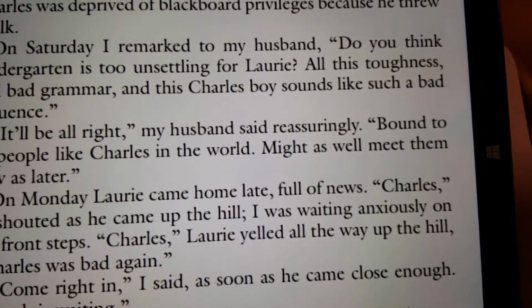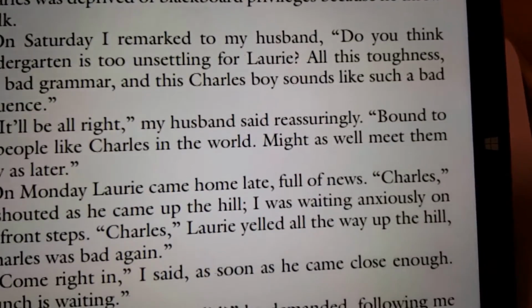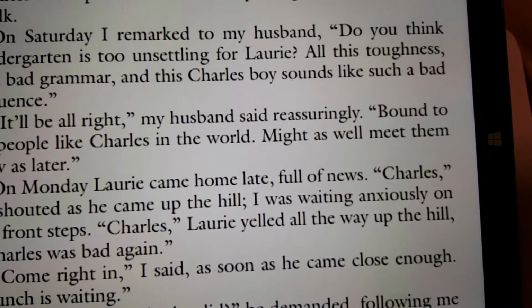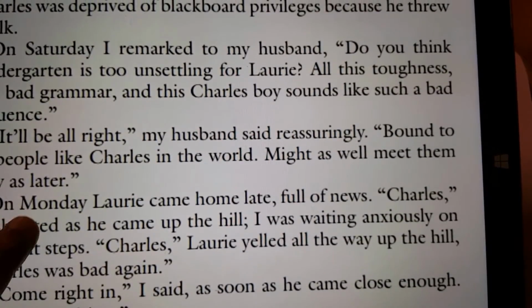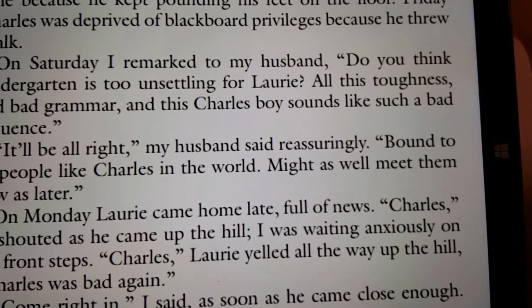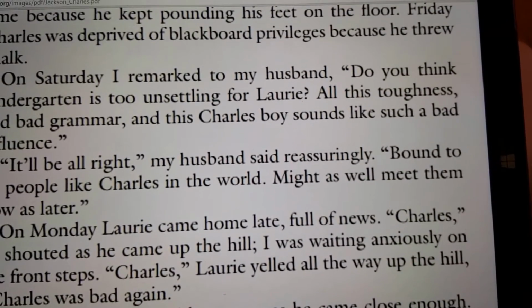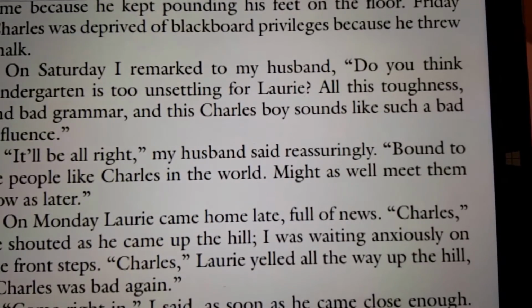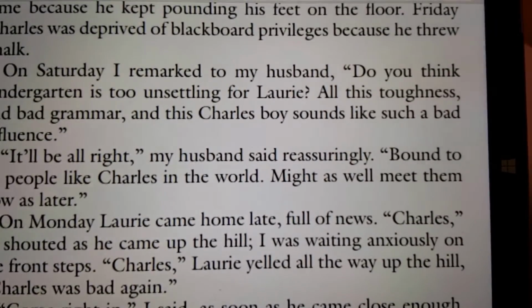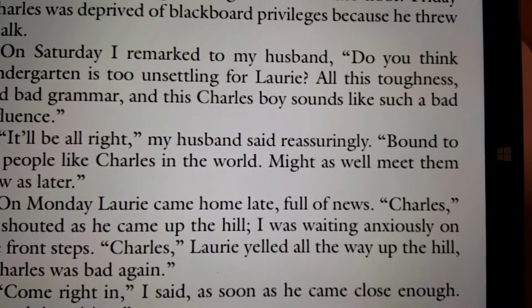So is it changing him, basically? Because unsettling means he's not settled. He is not adjusting very well.